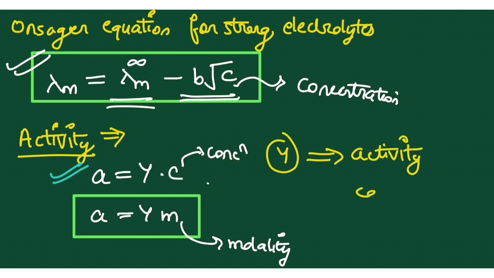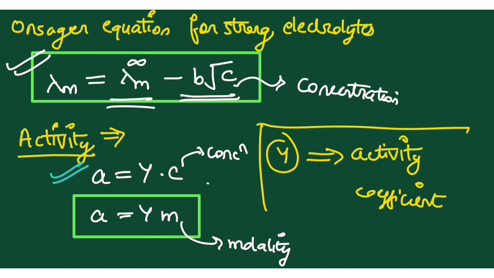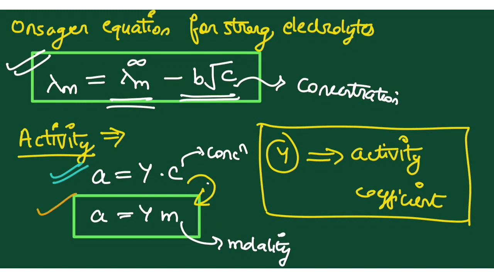Gamma is known as the activity coefficient. Okay, clear? So for our ease and general convenience, we replace the concentration term by molality. All the concentration terms will be dealt with at the end of the video, so please stay tuned till the end of the video. Okay, so activity is equal to gamma into molality. That is what we deal with.